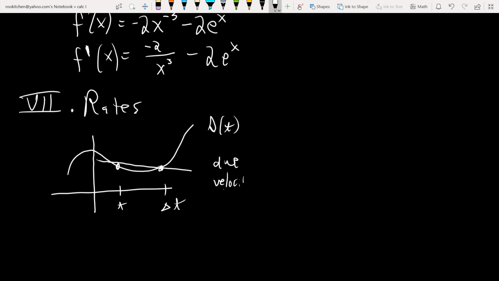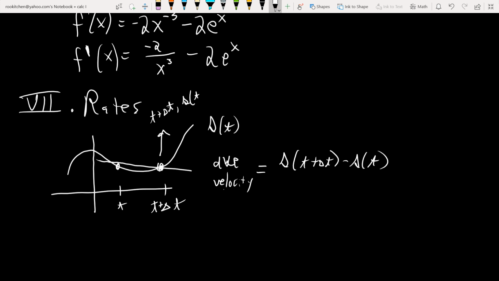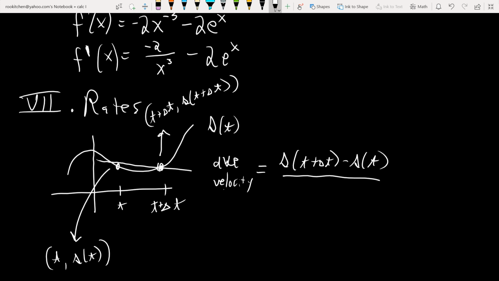So the average velocity is just from the slope formula, s of t plus change in t minus s of t. This point here is t plus change in t, comma, s of t plus change in t. And this point here is t, comma, s of t. So to figure out the slope, it's just y2 minus y1 all over t plus change in t minus t, which will end up being change in t.